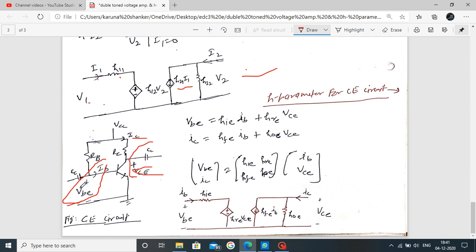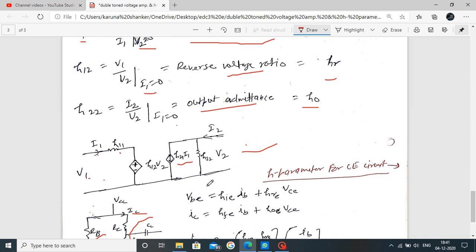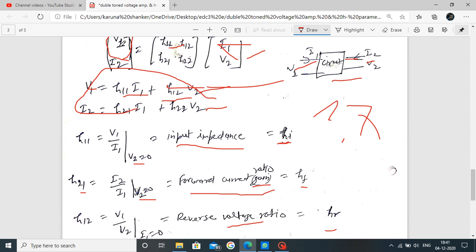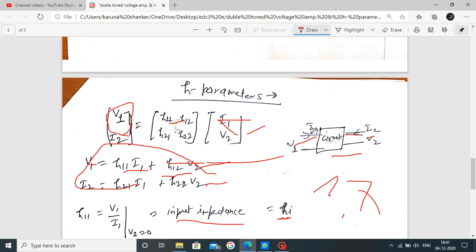Now we put VBE and IB here, and second is IC. How can we put IC here? Because V1 is the input side and I2 is the output side.